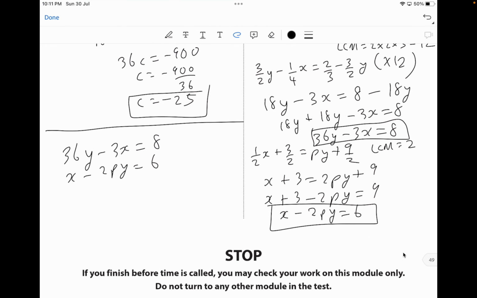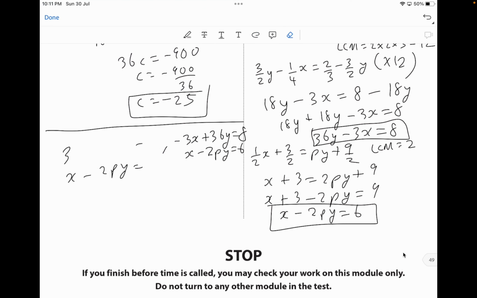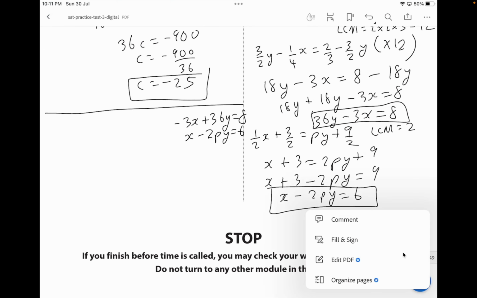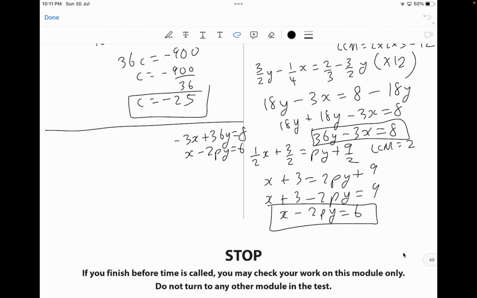Since these are the two equations, I'm going to rewrite them nicely: negative 3x plus 36y is equivalent to 8, and x minus 2py is equivalent to 6.